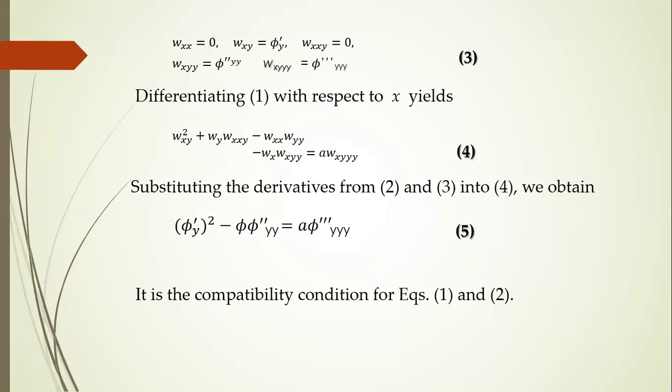Substituting the derivatives from 2 and 3 into 4, we obtain φ'(y)² − φ(y) φ''(y) = a φ''(y). It is equation 5. It is a compatibility condition for equations 1 and 2.